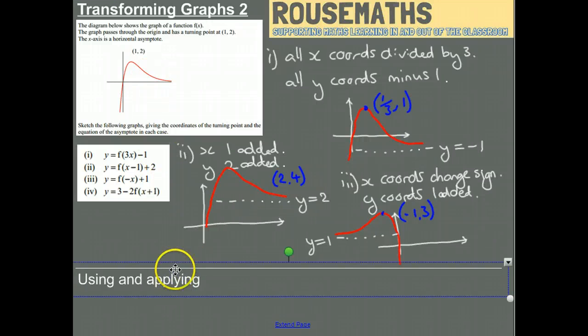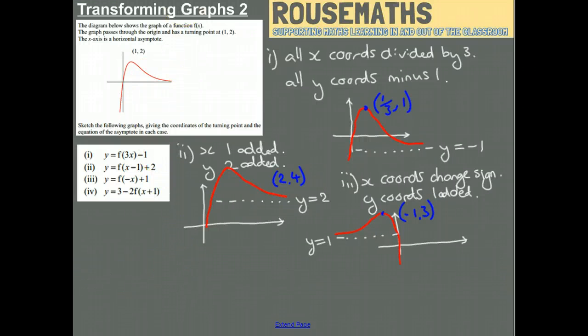Just remove my bit at the bottom so I can get number 4 in. So for part 4, we're going to have a few things going on here. X coordinates have 1 subtracted because of the +1 inside there. The y coordinates, well, there's a few things happening.